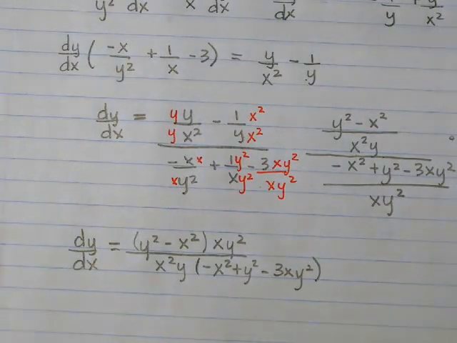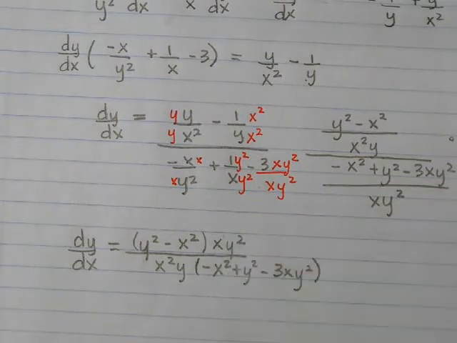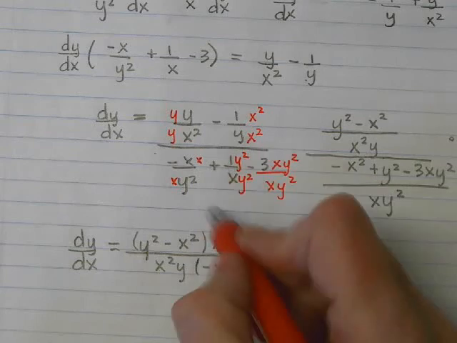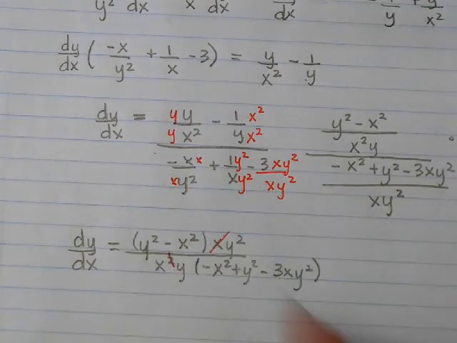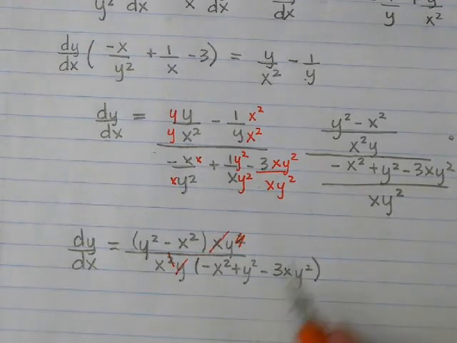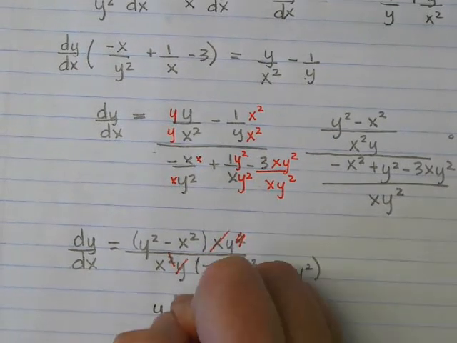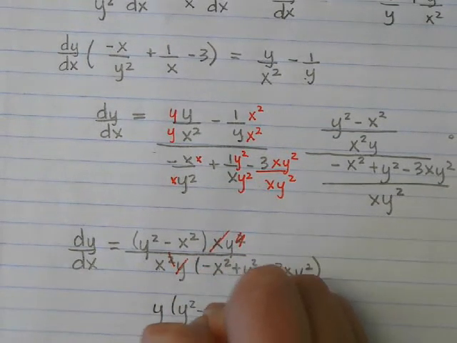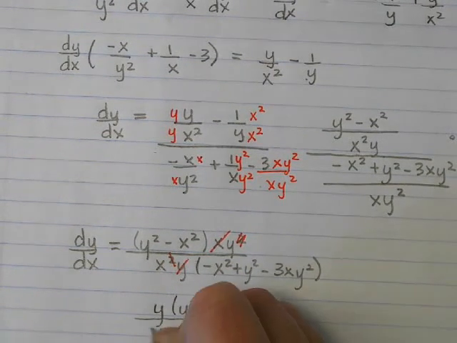And then we have some terms that are going to cancel out. This x is going to go, I'll do it with a red pen. This x right here is going to go with that. That y is going to go with that. So on the top, I have y squared minus x squared, and on the bottom, we have an x.